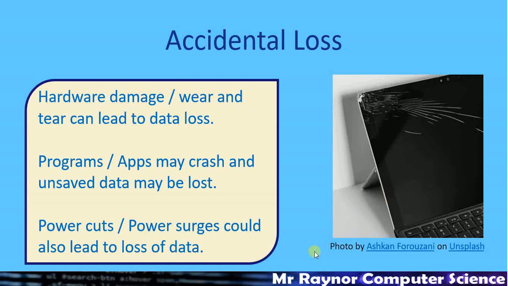We could get software errors, so programs crash, or an app on your phone might crash, and something that you're midway through doing gets lost. And another one is power surges or power cuts. So data that you haven't saved yet or backed up, if you have a power cut, that's it, gone. Okay, so they're all sort of fairly common sense things that could cause us to lose data.